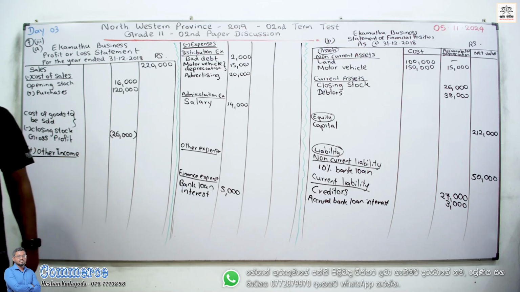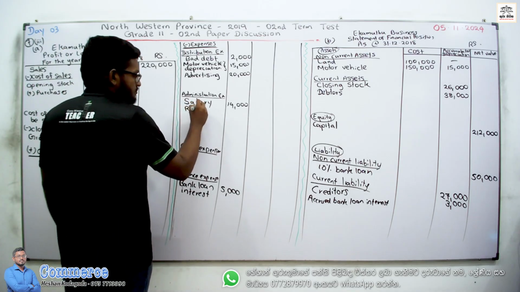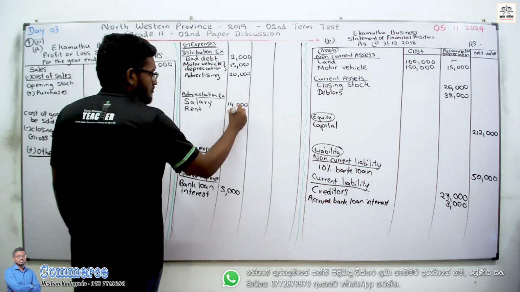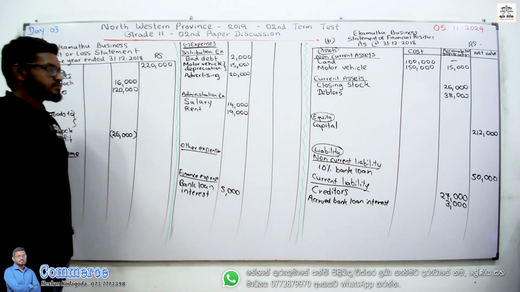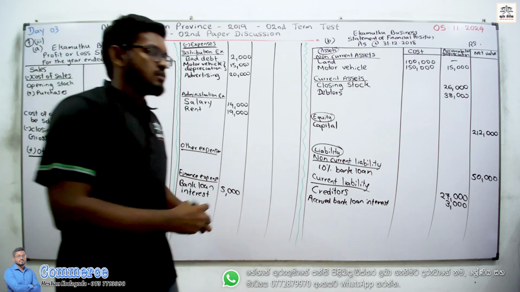Salary 14,000. Rent 9,000. Right? Advertising, salary, and rent done. Right?